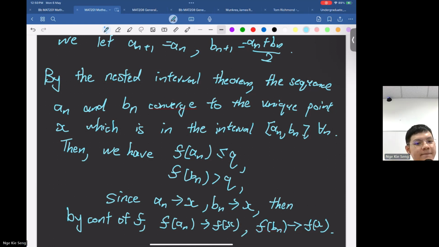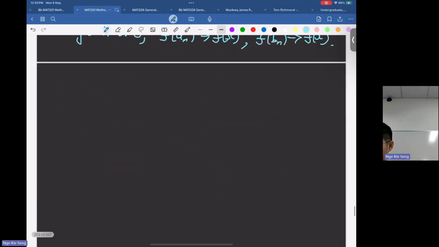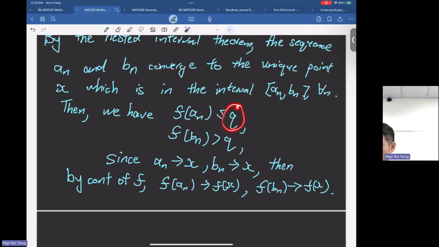Now f(a_n) is always less than or equal to q, meaning what happens to the limit here?